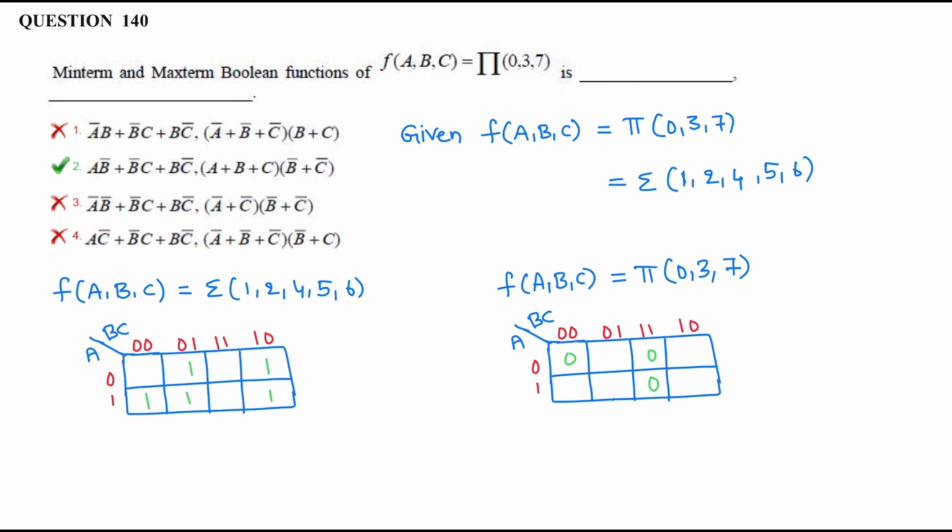Next question number 140. The minterms and maxterms for the Boolean function f of abc is pi of 0, 3, 7. Here maxterms given are 0, 3, 7 and the minterms are 1, 2, 4, 5, 6. Using K-maps, we need to calculate the minterm expression, that is f of a, b, c. For K-maps find the pairs.